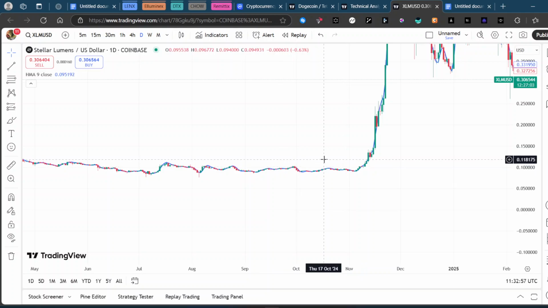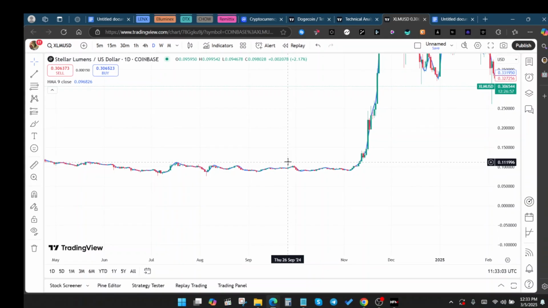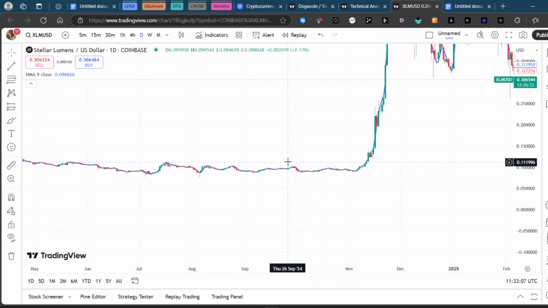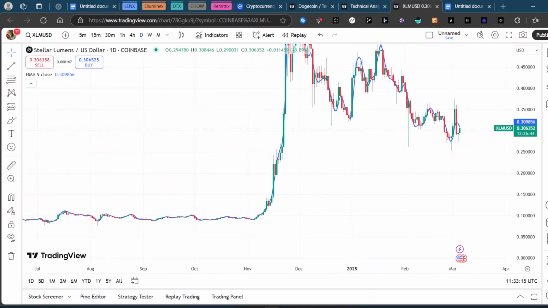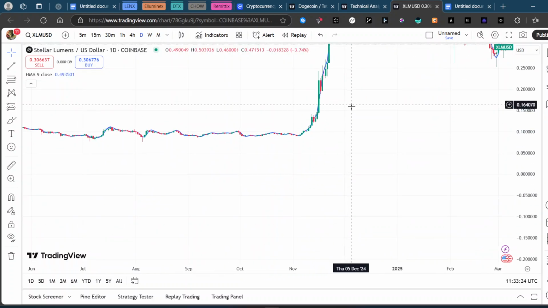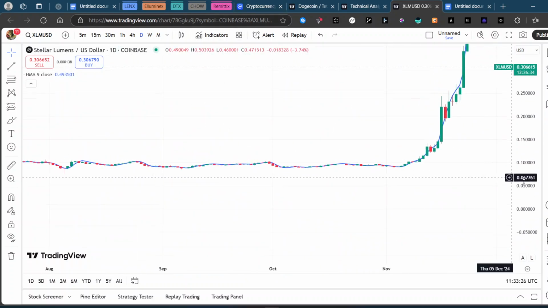Now the third step is trading with the Hull Moving Average strategy. Here is how you can enter and exit trades using the HMA. For a buy trade, you should look for the HMA to turn upwards, signaling a trend shift. Then you enter the trade after a bullish candle.